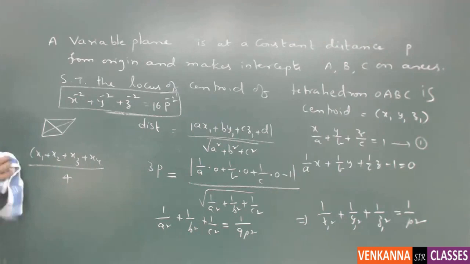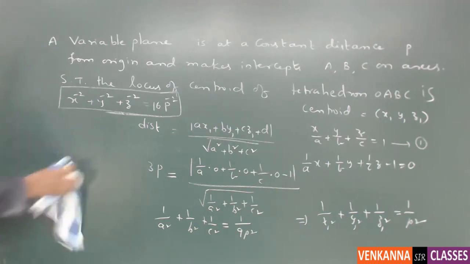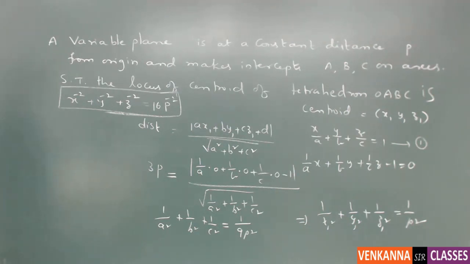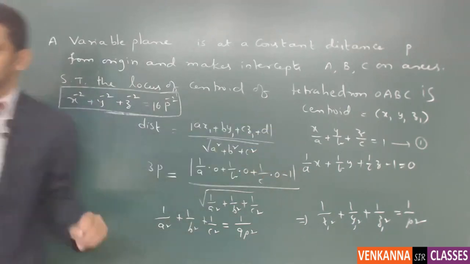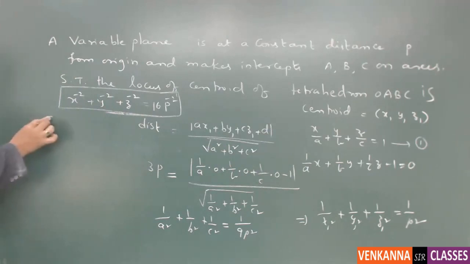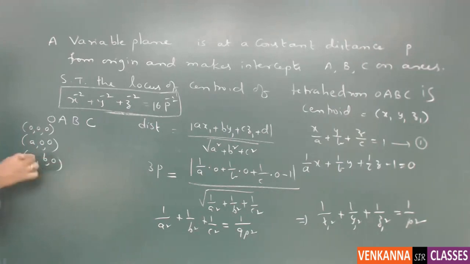The pattern or solution of the problem is very similar to the previous one. Take this as the plane equation I have considered. Here you are taking the tetrahedron as OABC. For O, the vertex is 0, 0, 0. For A, the x-intercept, A, 0, 0 is the point; B, the y-intercept, 0, B, 0 is the point; and C, the z-intercept, 0, 0, C is the point.